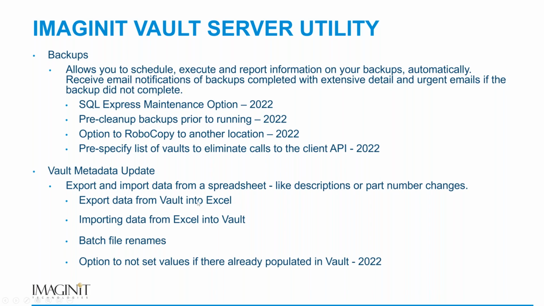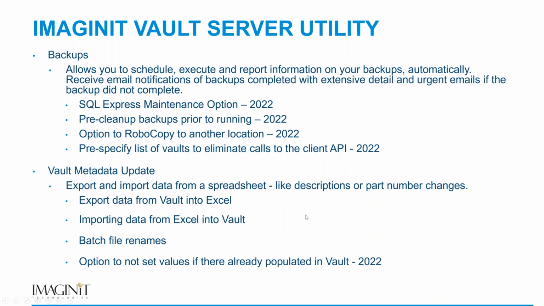So this is going to allow us to export a list of our files and all the properties that we want to manipulate, and whether we're getting the new part numbers from some other type of system, we're marrying the 2 Excel spreadsheets together. Then after we marry them into one Excel, we take that Excel file and push it back into Vault and have it update all of the files. Very, very powerful.